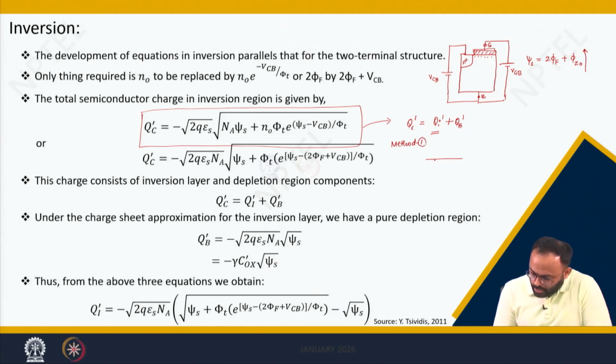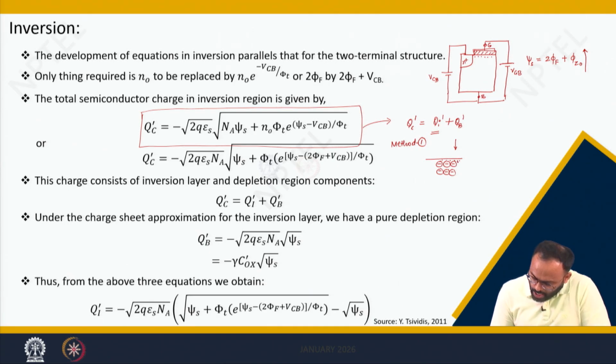you have a surface where the inversion charge, first of all you apply VGB in such a way that the surface potential attains a value where depletion is maximum, and then inversion charge will come into picture. When you increase VGB, what will happen?